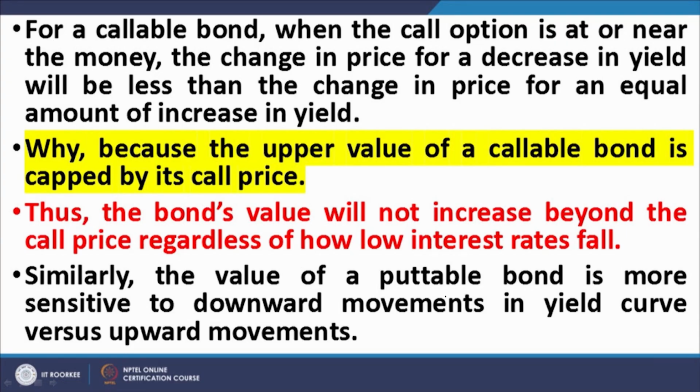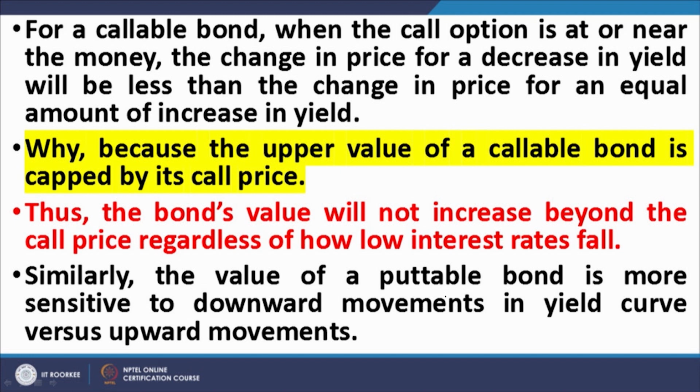Why is it that for a callable bond, when the call option is at or near the money, the change in price for a decrease in yield will be less than the change in price for an equal increase in yield? The reason is that the upper value of a callable bond is capped by its call price.